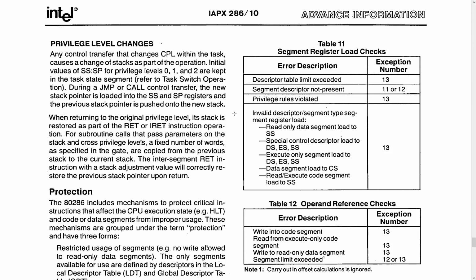So to call level 0 from level 3, we need to have a call gate and a valid task state segment, with the stack for privilege level 0 set up properly in the task state segment.